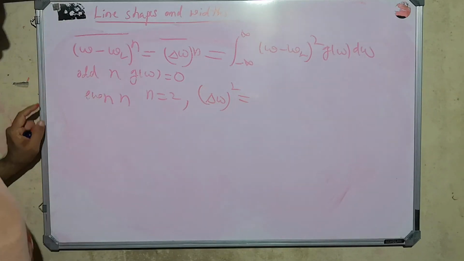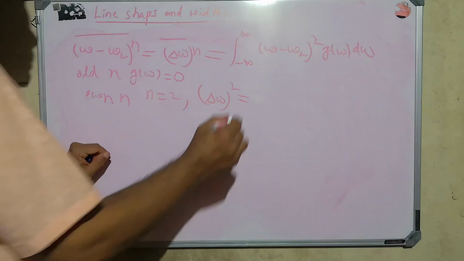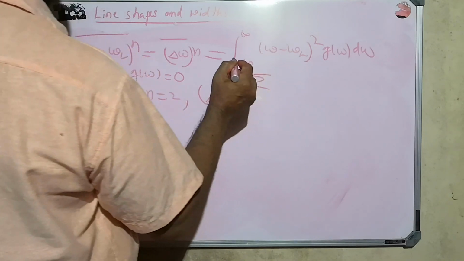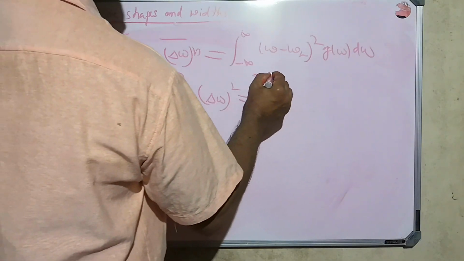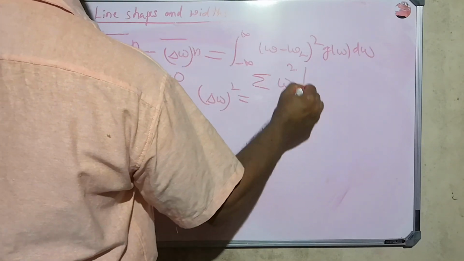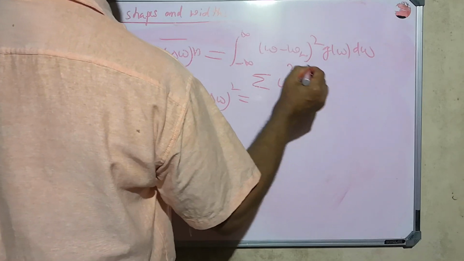Using quantum mechanical approach, we can show that this is equal to sigma omega square into the normalization bracket notation.